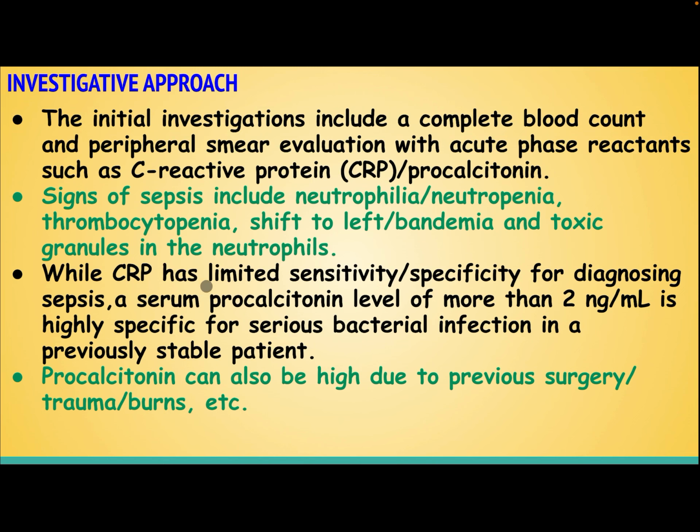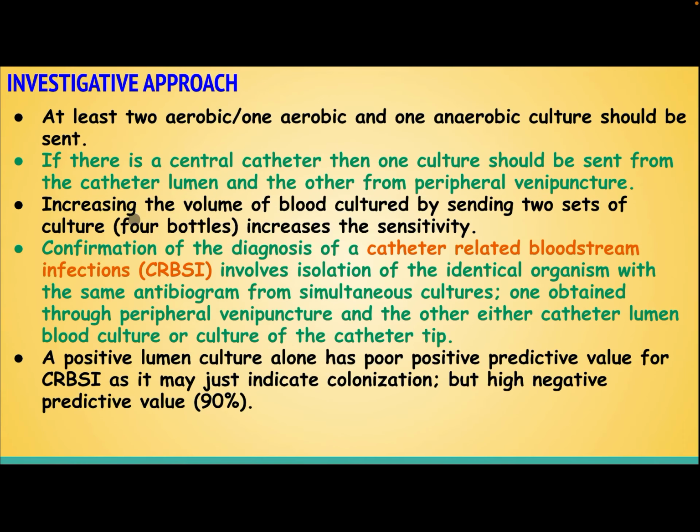While C-reactive protein has limited sensitivity and specificity for diagnosing sepsis, a serum procalcitonin level of more than 2 nanograms per milliliter is highly specific for serious bacterial infection in a previously stable patient. Procalcitonin can also be high due to previous surgery, trauma, birth, etc.